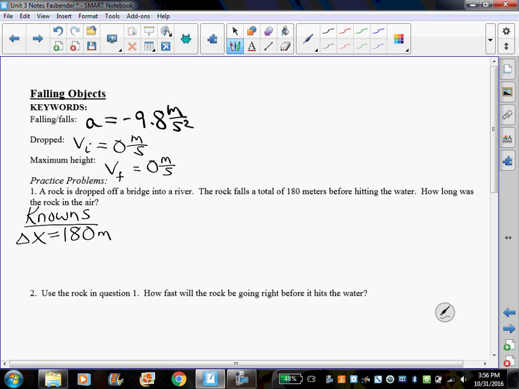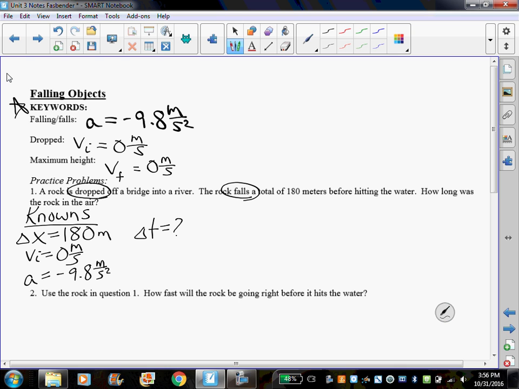We have to use our keywords to find the rest of the knowns. So because this rock is dropped, we know that it has an initial velocity of 0 meters per second. And then this thing is falling, so we know that its acceleration is going to be negative 9.8 meters per second squared. And ultimately, we want to know what is the time that the rock is in the air.